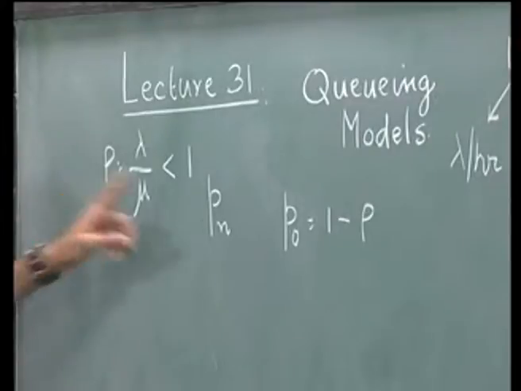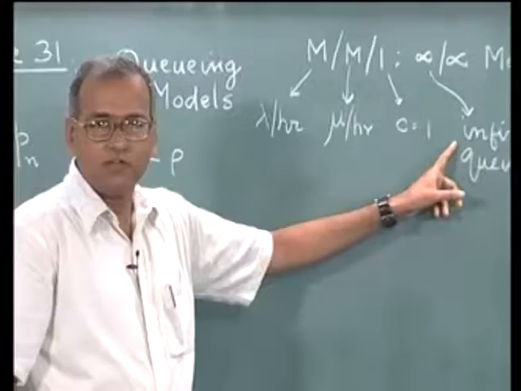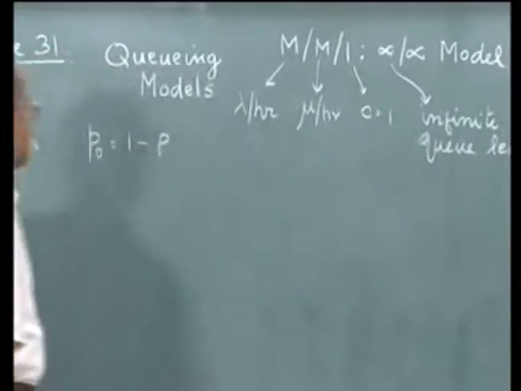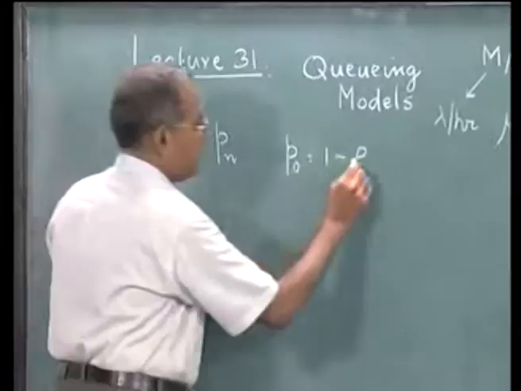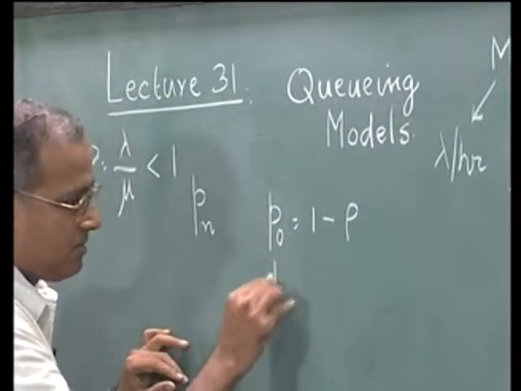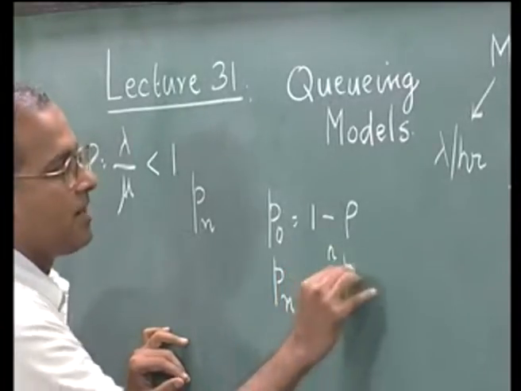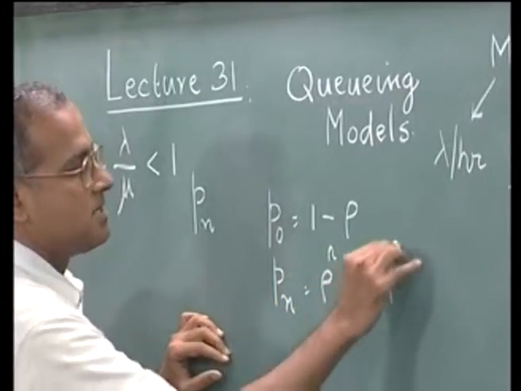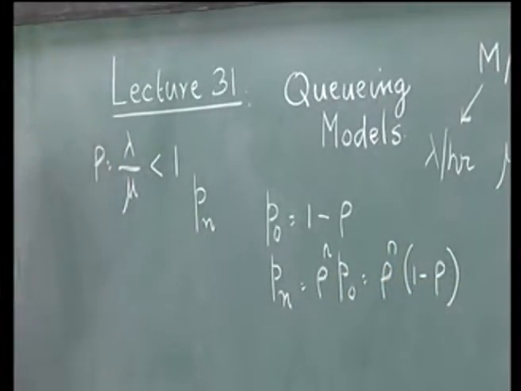So, rho should be less than 1, particularly when we have infinite queue length. Now, the most important equations that we derived are P naught is equal to 1 minus rho, and P n is equal to rho power n P naught, which is rho power n into 1 minus rho.